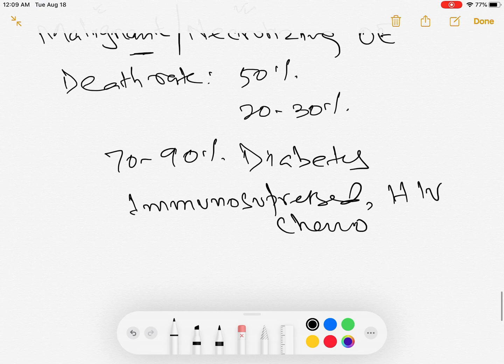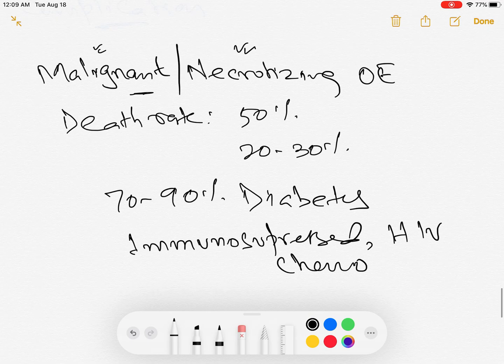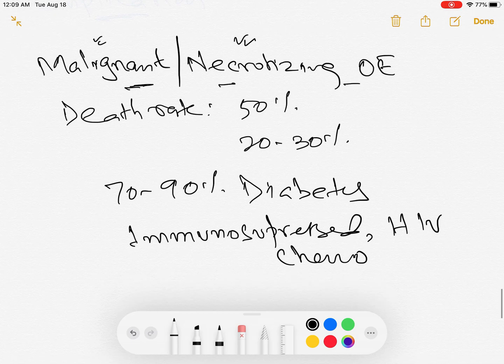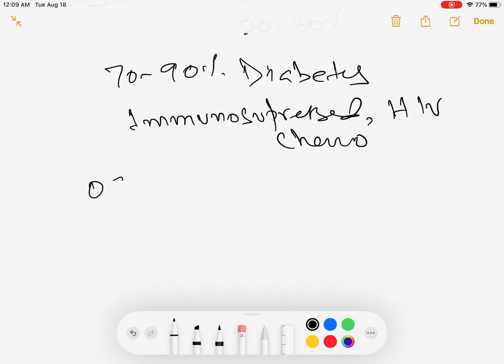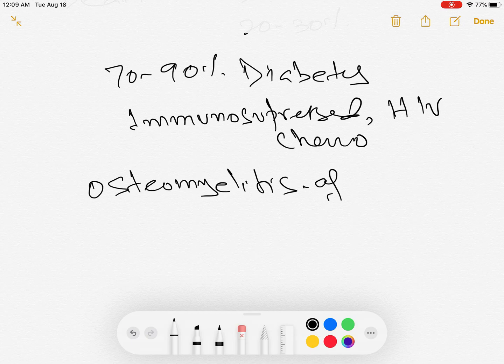The way it works is that a lot of these patients get the otitis externa, and then this infection does not get better, but rather the infection goes and damages the bone. So malignant or necrotizing otitis externa is actually osteomyelitis of your temporal bone, the bone that is surrounding the ear canal.